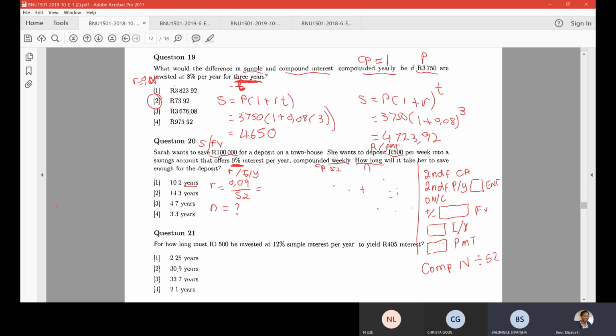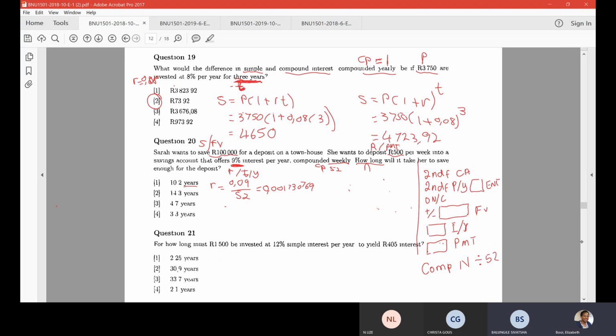It is that long number, which is 0.00173, and you will need to keep all the values. 0.769. Since we're calculating N, we're going to substitute into the formula.